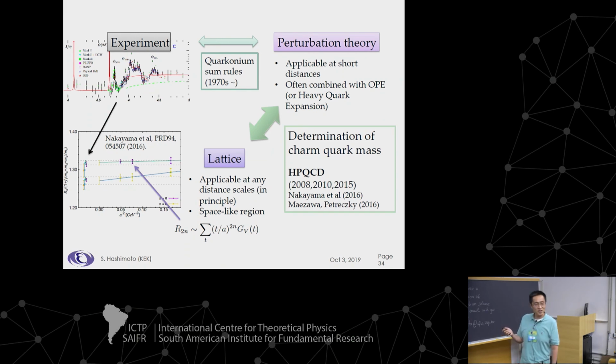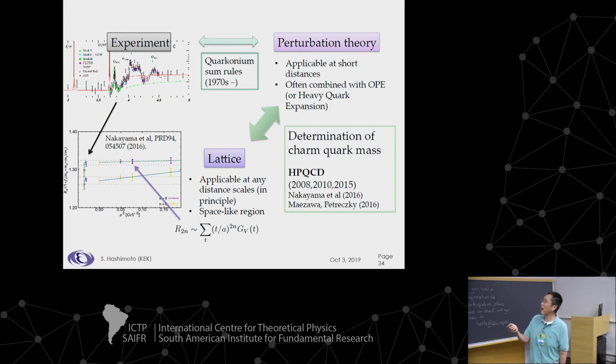And of course, we can also compare the experimental data to the lattice calculation, and by doing that we obtain something like this. These are some moments constructed from the experimental data and also calculated in lattice QCD, and those are in nice agreement, as you can see here. This is the lattice data, and the phenomenological or experimental data are shown there.